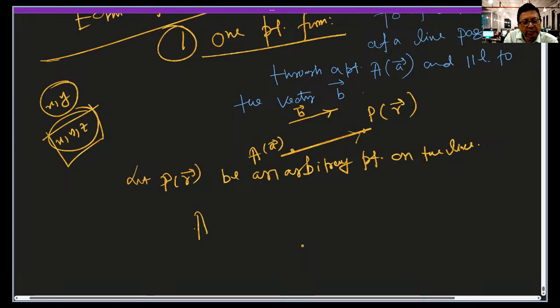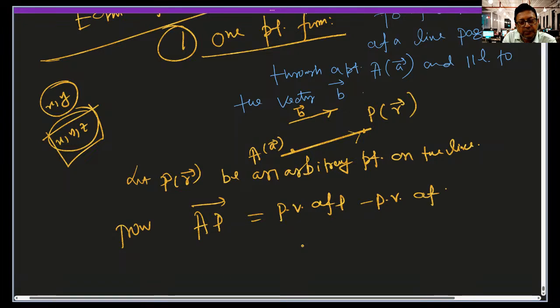So AP vector will be what? Position vector of P minus position vector of A, r minus a.